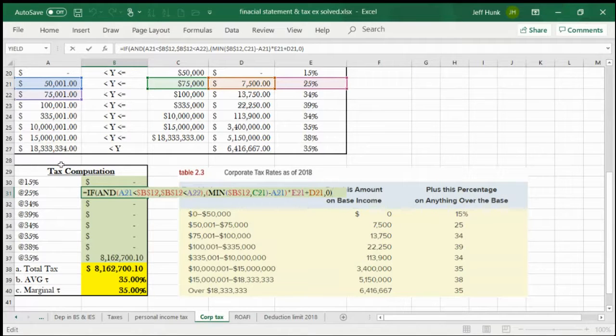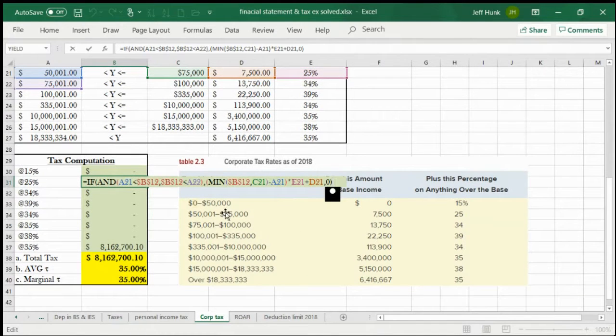what is applicable. So in the second row, take a look. In the second row, second bracket, the 25% bracket.